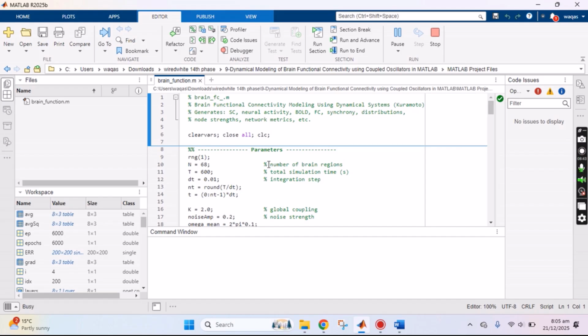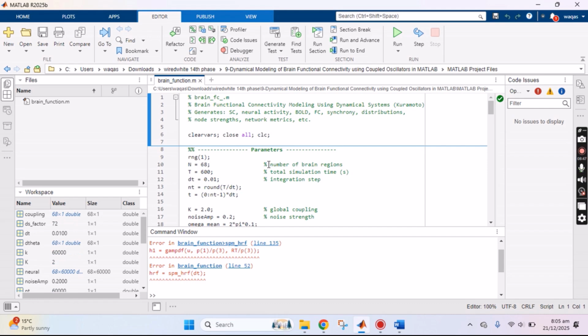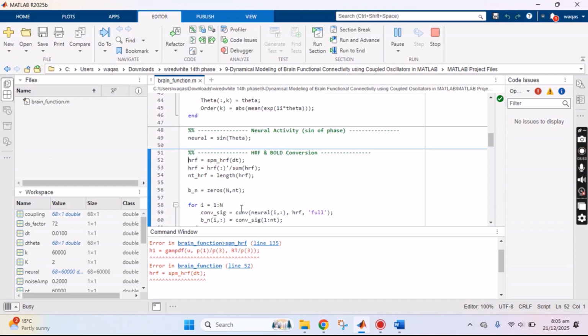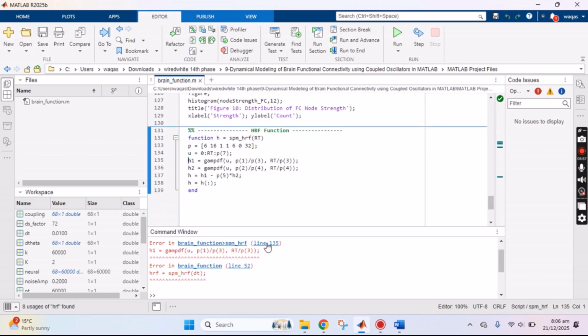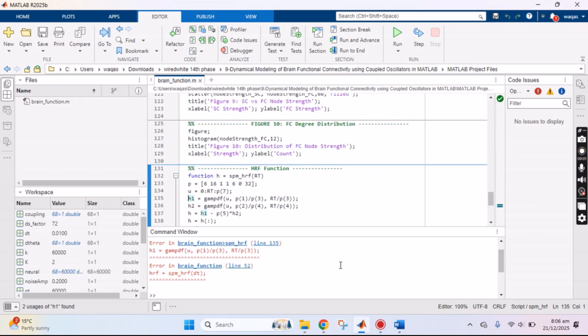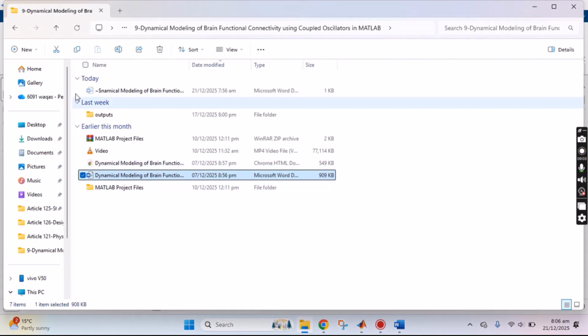It will take some time, then provide the exact output results. I think there's a problem in MATLAB. Let me check it.